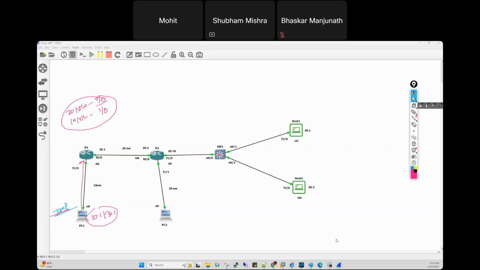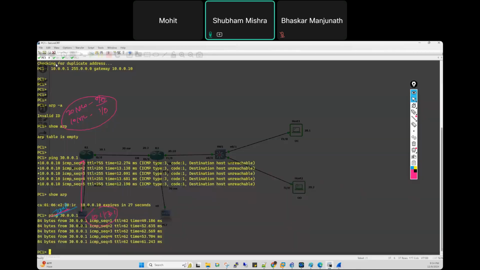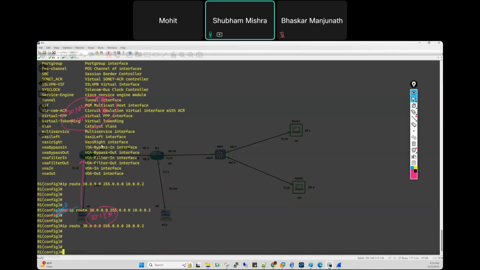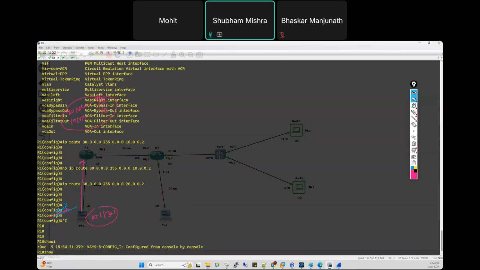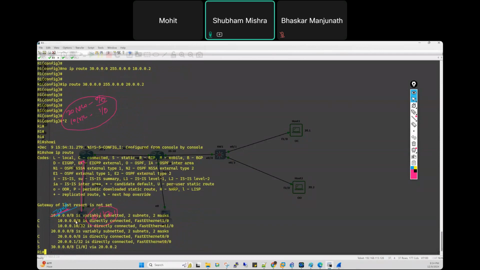Yes. Okay, come to the routing table of R1. Router 1, show IP route. See, मैंने क्या बोला? 10th network पता है, 20 network पता है. Yes or no? But now it knows the static route. S means static. Okay.